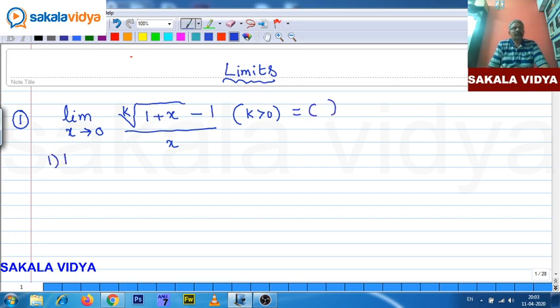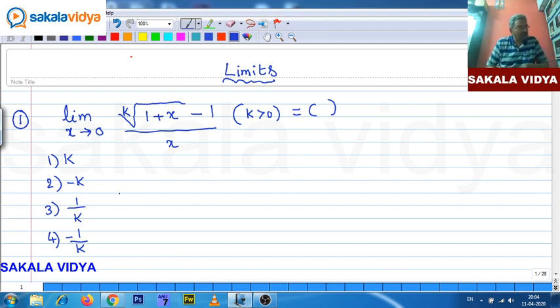First option k, second option minus k, third option is 1 by k, fourth option is minus 1 by k. So this is the question.